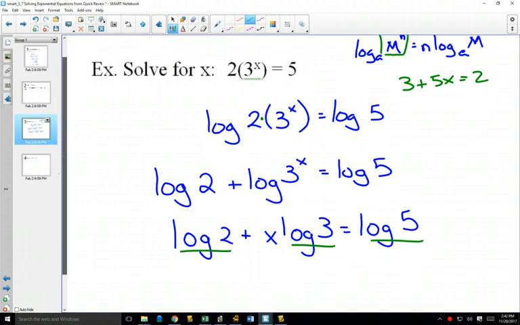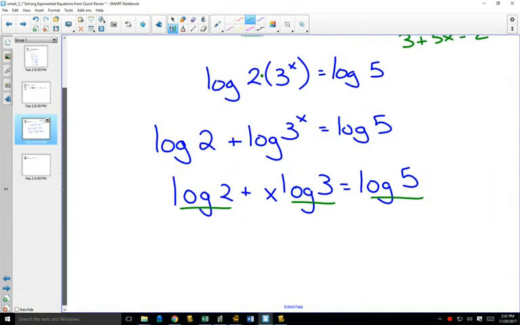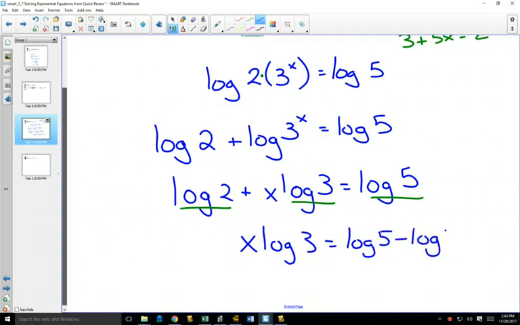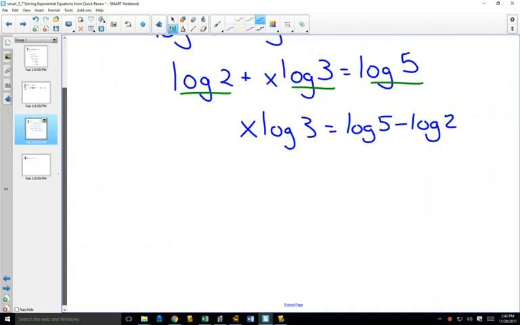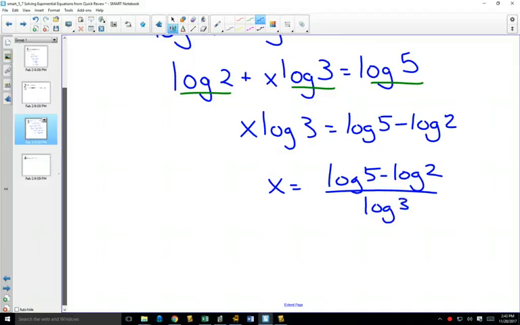So if I want to get x by itself, can you see that I would need to subtract this log 2 on both sides? And then, right now it's x times log 3, so I'm going to need to divide everything by log 3.